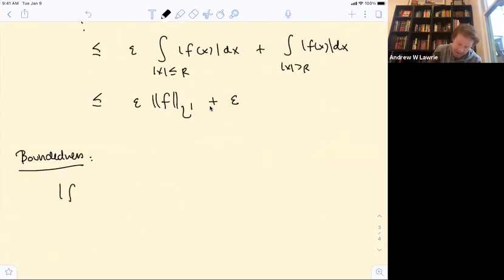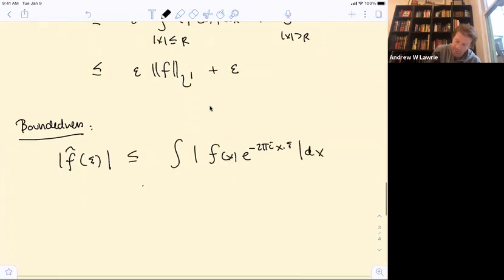Boundedness is just that |f hat of c| is less than or equal to, putting the absolute value inside the integral, the L1 norm of f, since this factor has norm 1.